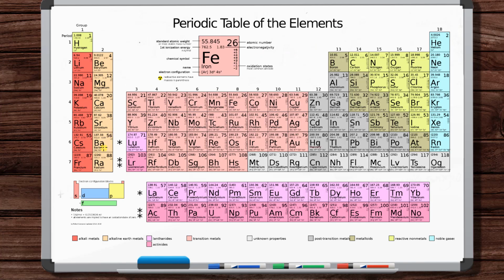Let's do barium chloride. If barium chloride formed an ionic compound, what would the chemical formula be? Well, barium loses 2 electrons to get to that noble gas configuration. Chlorine gained 1 electron.